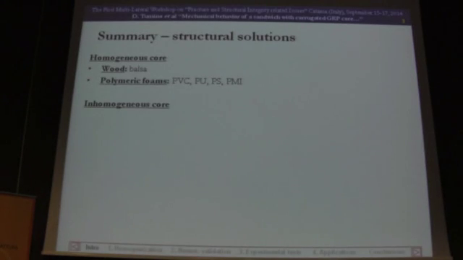So homogeneous cores for sandwich are well known, for example, balsa as a wood or polymeric foams like PVC, polyurethane, polystyrene or PMI.